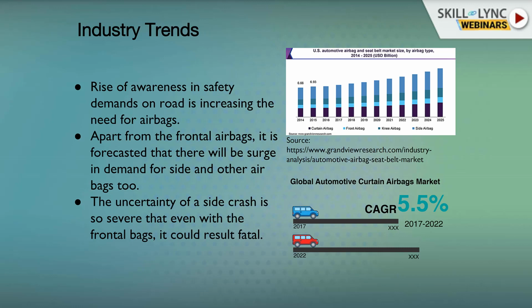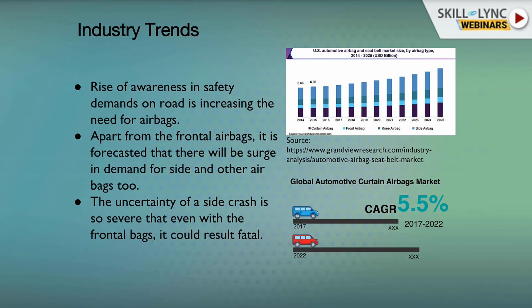This is not only for the frontal airbags like driver and passenger. It is equally important for side crashes, which have a major effect. Even though there are front driver and passenger airbags, there are many chances that a side rollover could be fatal. So the importance of side airbags is also increasing side by side.